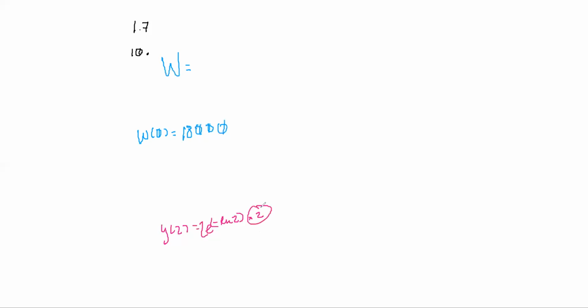Basically what I did is I just moved that 2 in front. I smooshed the terms together so I could get rid of the parentheses because I don't like using parentheses if I don't have to. So these are the exact same thing. You didn't have to change it if you didn't want to. It's just like 2 times 3 and 3 times 2 are the same thing, right? So the natural log of 2 times 2 versus 2 times the natural log of 2. Okay. So yes, our initial value is going to be 18,000.